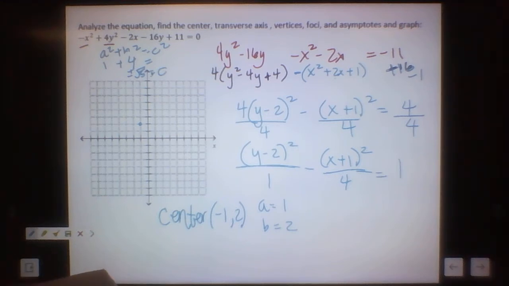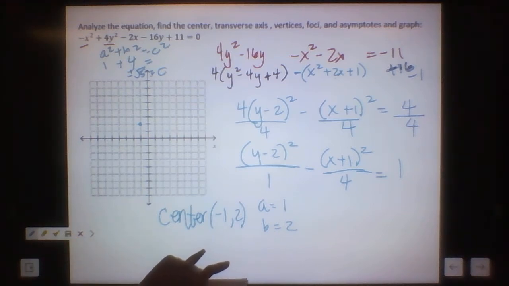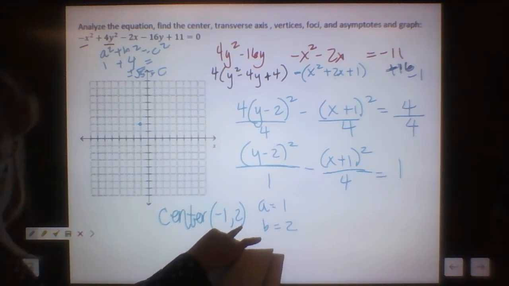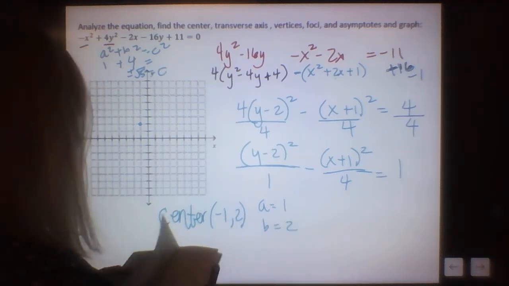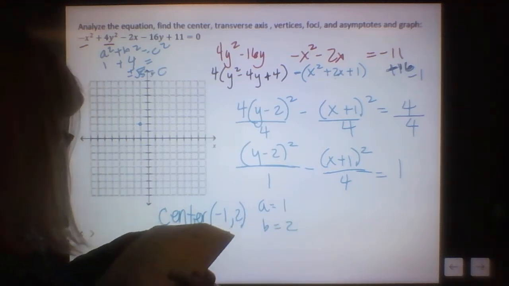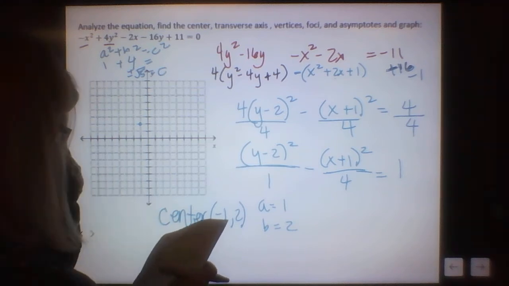Okay. And your vertices. Your vertices, let's see. We have Y first.